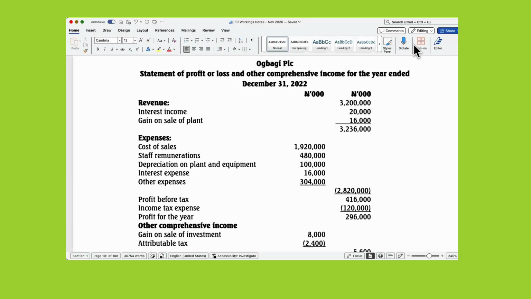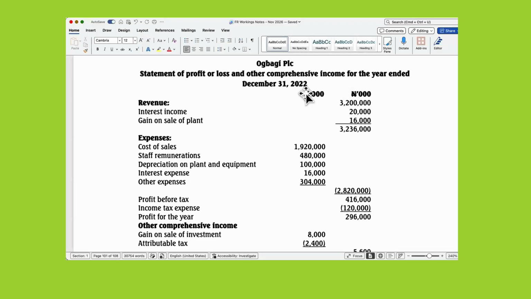So this 3.2 million includes credit sales. What I need that will go to my statement of cash flows is cash sales. So out of this 3.2 million, I need the cash sales. That is what I need.